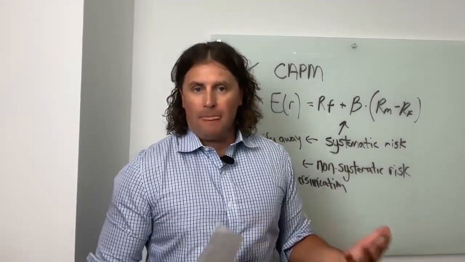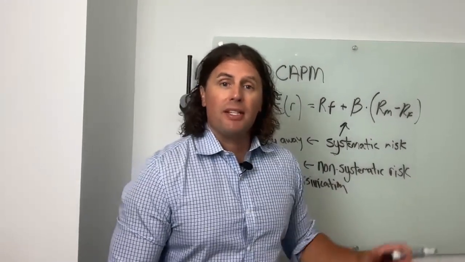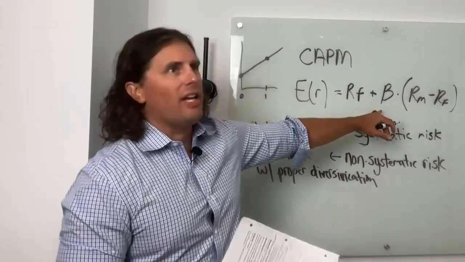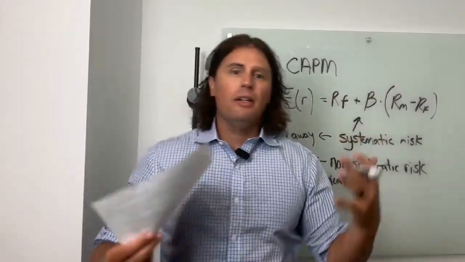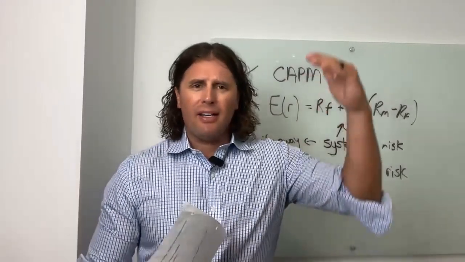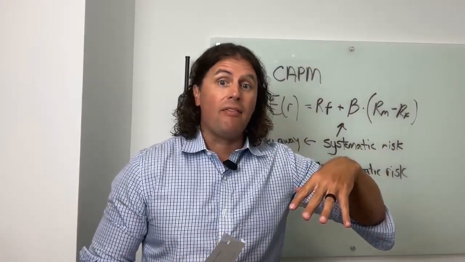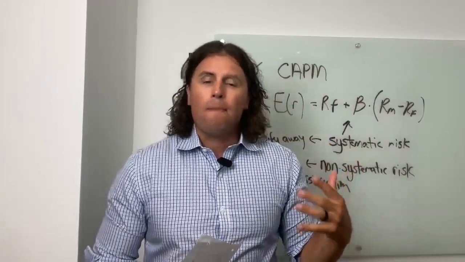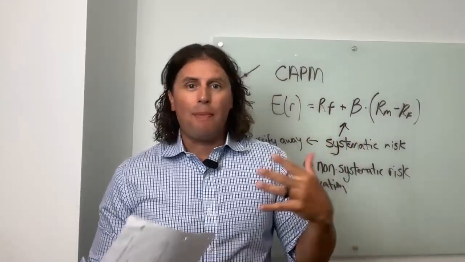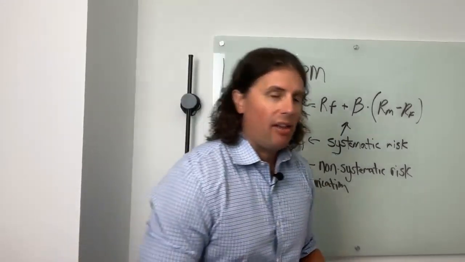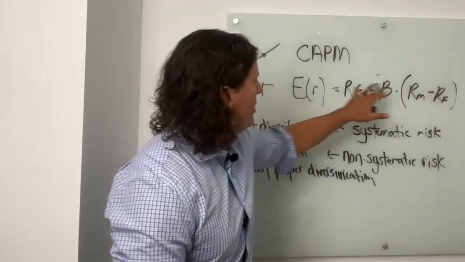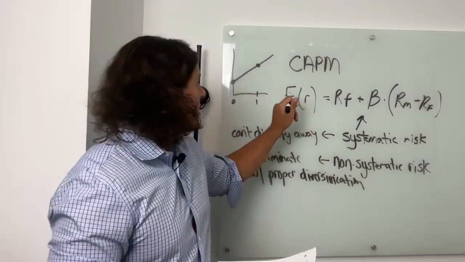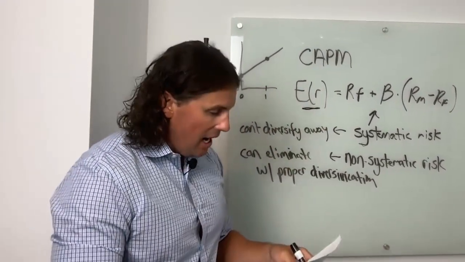Anything less than 1 is going to be less risky from a systematic standpoint. Stocks can fall anywhere on this. When I think of Duke Energy or another energy company, in a good economic environment and in a bad economic environment, you're still going to have lights on. It's not going to fluctuate my electricity bill that much based on good or bad economic conditions. That's how I like to think about it. Based off of this, we have a nice clean model that gives us the expected returns for a particular stock.